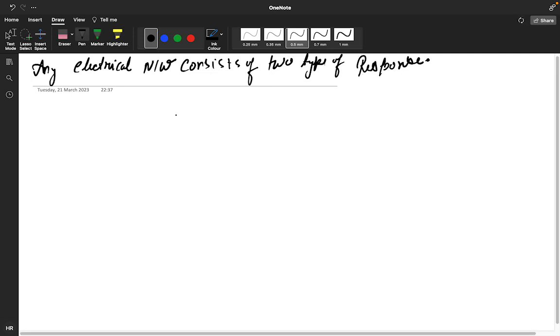Okay, one is your forced response and another is your natural response. So first write the things about the forced response.